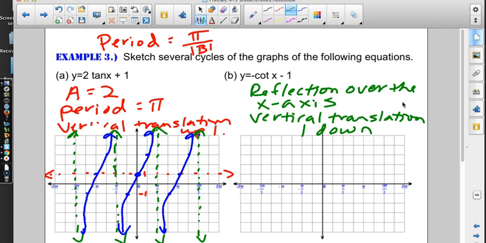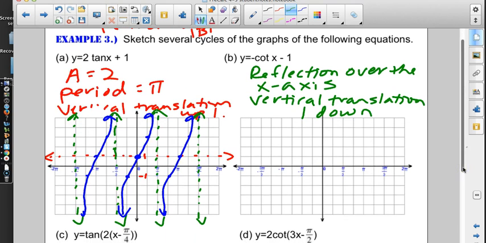Is the period going to be messed with in this one? No b value again, right? That's pretty cool. So we can keep our asymptotes where they're supposed to be. But we need that little helper. We've got a vertical translation 1 down, so put some labels on there. Get that helper on there. So remind me again, where are the asymptotes for cotangent?